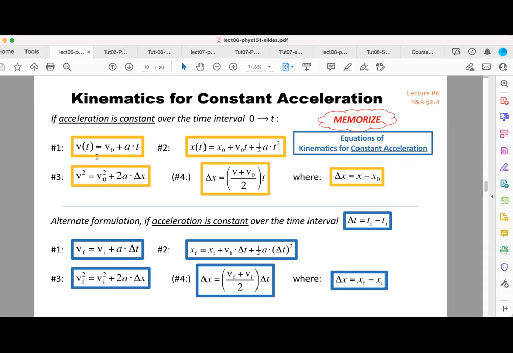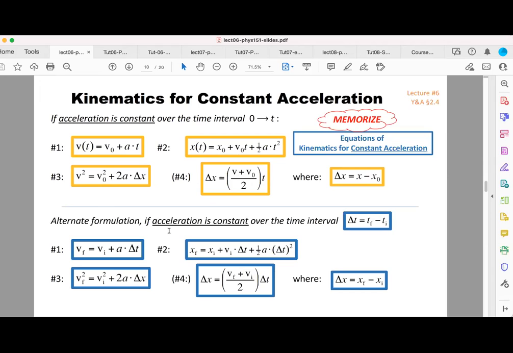You can find the final velocity if you know the initial velocity, the acceleration, and the time. And you can find the final position if you know the initial position, initial velocity, time, and acceleration. But you also have another equation that gives you the velocity when you have the initial velocity, acceleration, and displacement. And also the displacement as a function of the velocity and time.